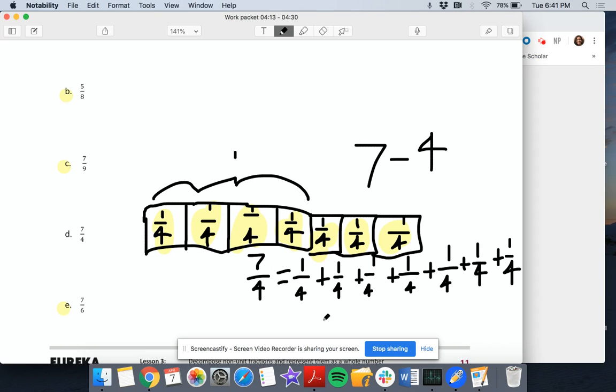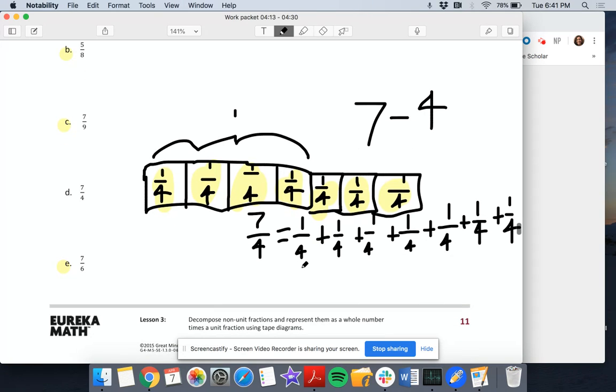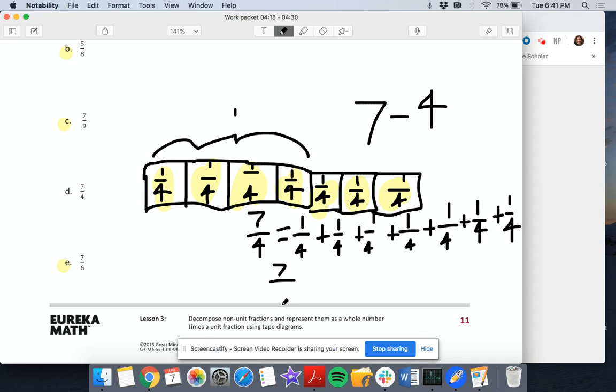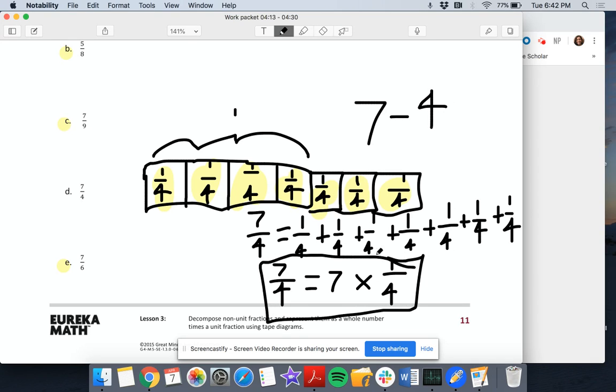So I just added all of my unit fractions together. So I can rewrite this as a multiplication problem as 7/4 is equal to 7 times 1/4. I'm multiplying the amount that are shaded by the unit fraction, which is 1/4. And that is how we do it.